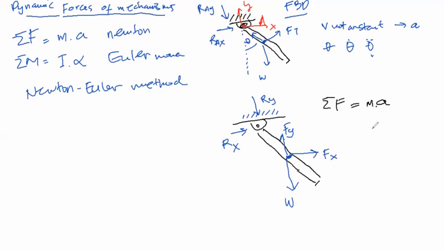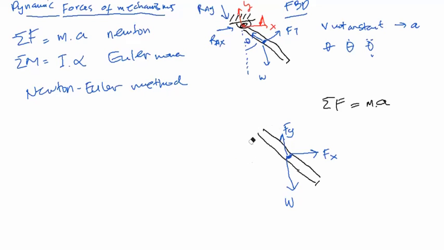Okay. Now, if you isolate only the rigid body, you can erase the joint, right? My question is, is the joint a rigid body? No, it's just a point. So we can erase this.